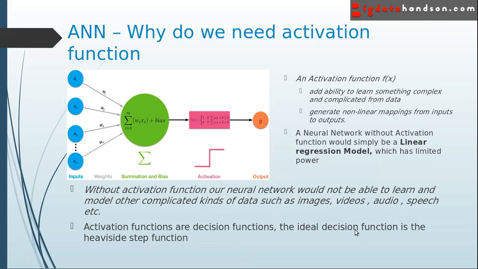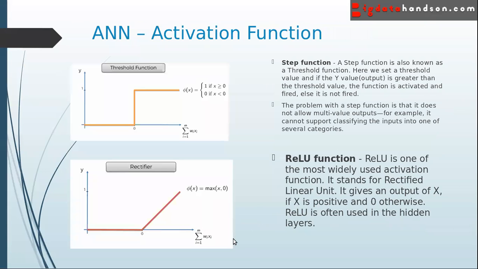The ideal decision function is the Heaviside step function. We have various types of activation functions, like the threshold function. The step function is also known as the threshold function. Here we set a threshold value, and if the y value is greater than the threshold value, the function is activated and fired. Else it's not fired.